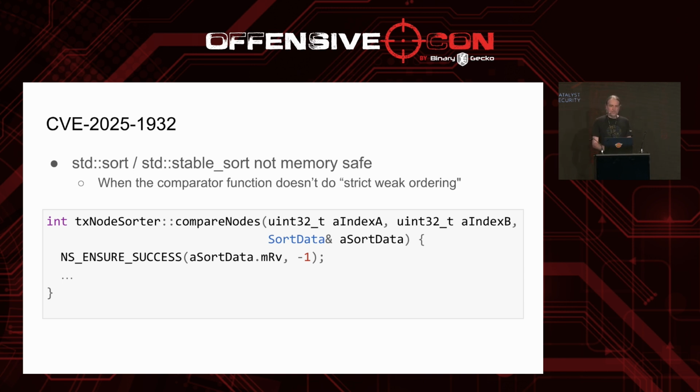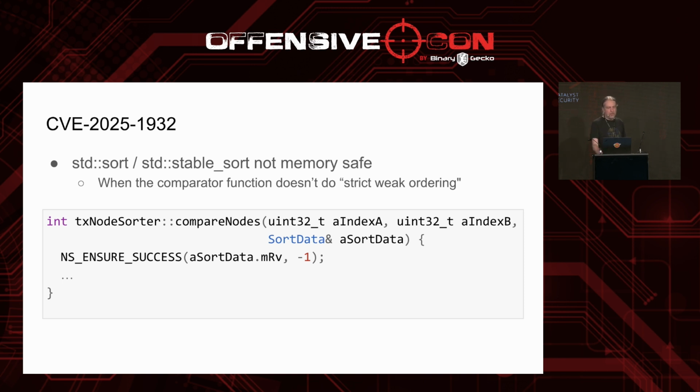And because XSLT is complex, it implements various functions, and one of the capabilities that XSLT has or needs to have is the capability to sort XML nodes. And of course, for that, it needs a custom comparator function.